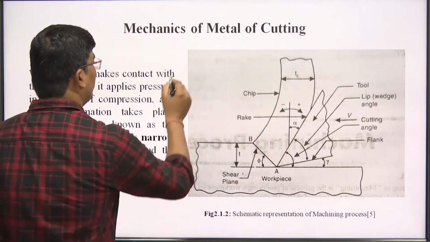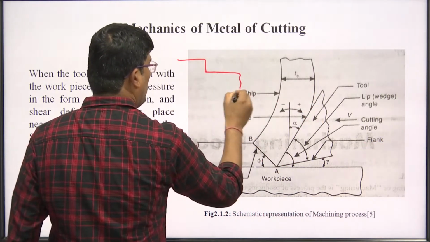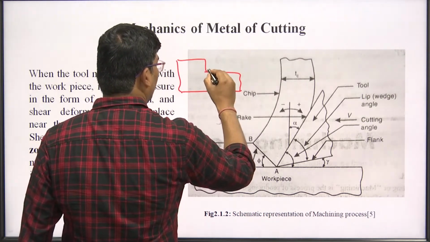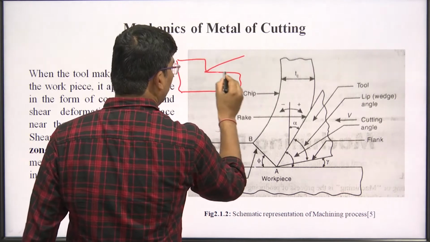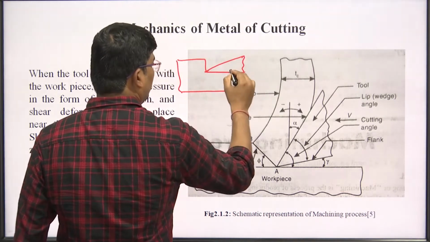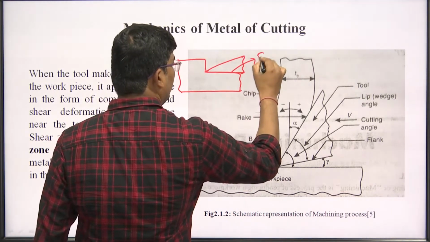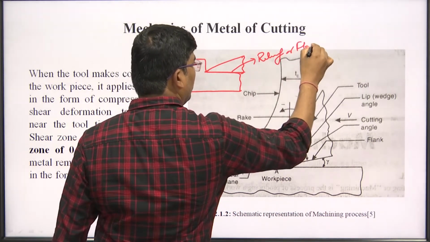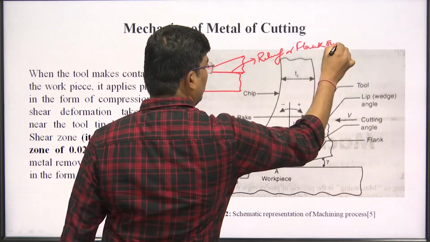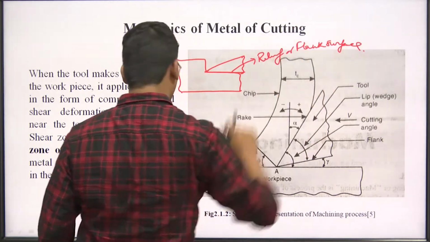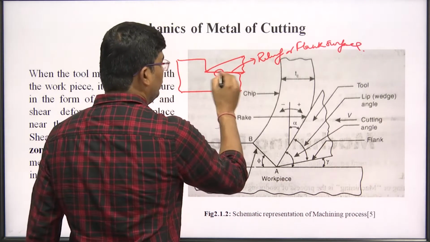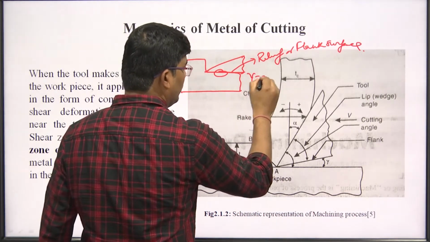You can see here, this is the relief or flank surface. Here you can see gamma is equal to 0.